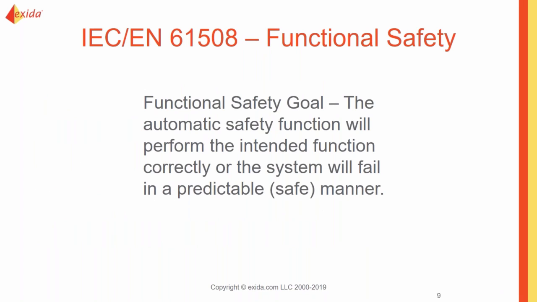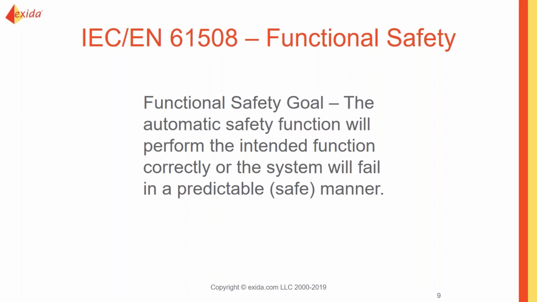We're going to very first start with the definition of functional safety. A lot of people think, well, functional safety, you want to make sure the job's going to be done correct, right? Actually, functional safety is more than that. You're going to be looking at that automatic safety function that, yes, it does its intended function correctly, or that the system will fail in a predictable or safe manner.